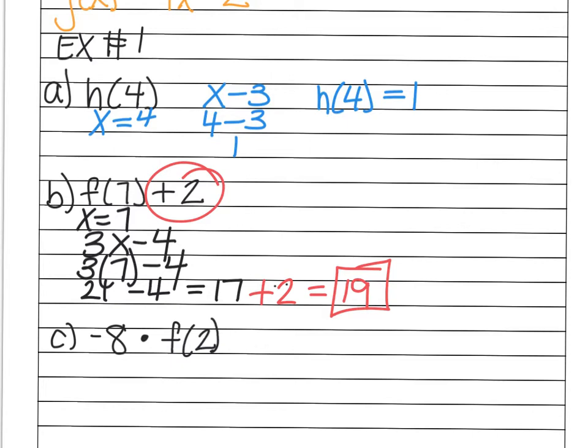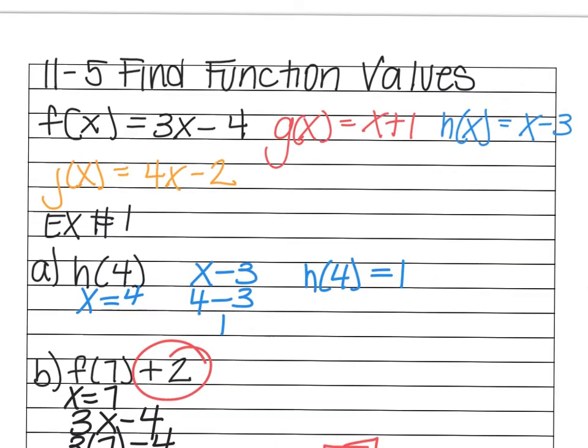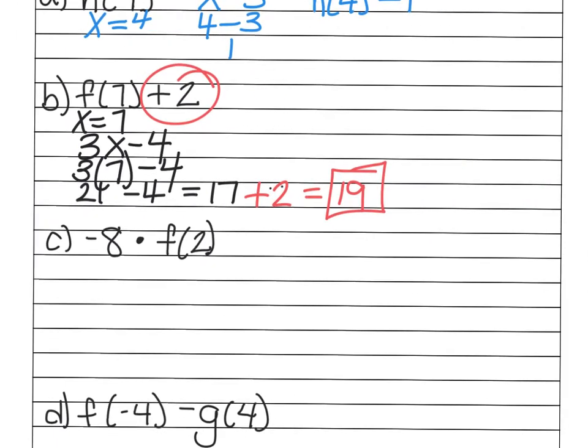Let's look at c. c is negative 8 times f of 2. So again, we're going to look at the f of x equation. And so you would need to look up here, and our f of x equation is 3x minus 4. So we're going to go ahead and plug that in.